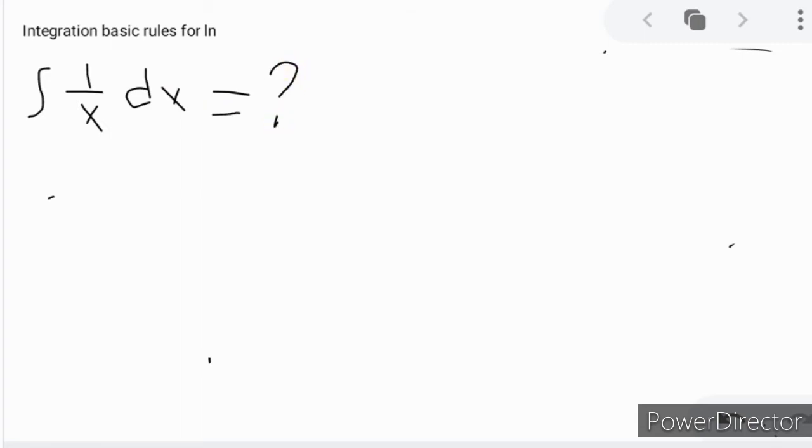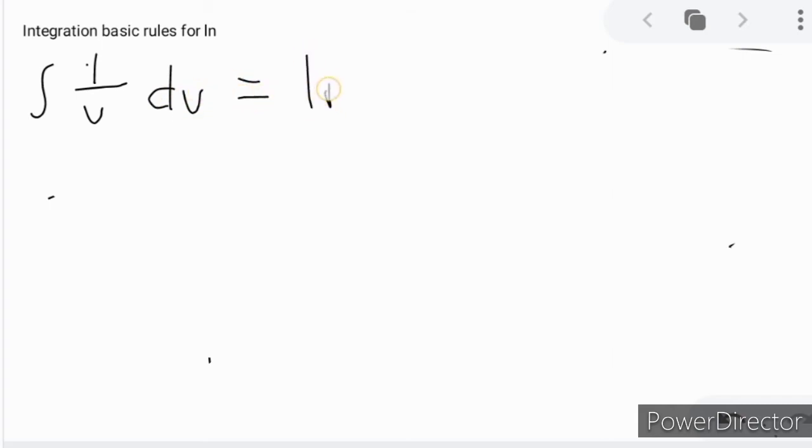In order to understand this concept, let's try to have a general expression for this integration. So we have the general expression, the integration of 1 over u du.